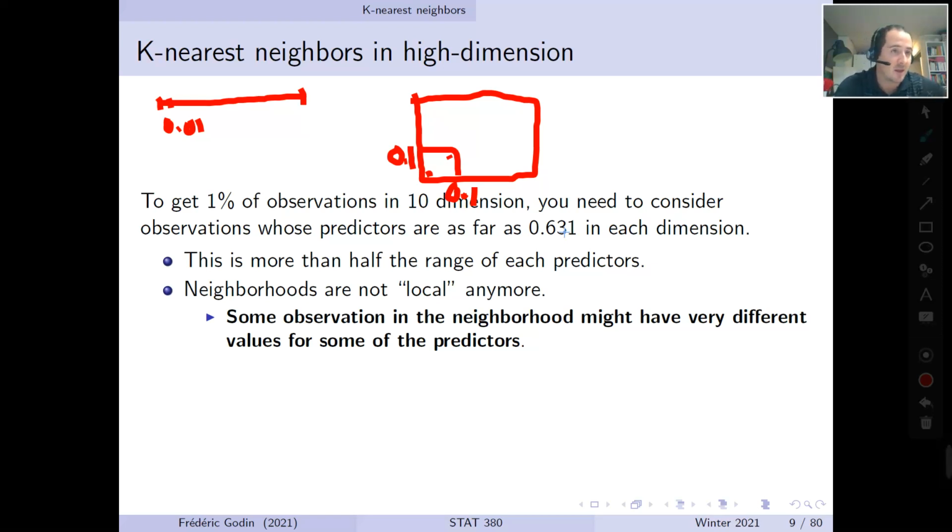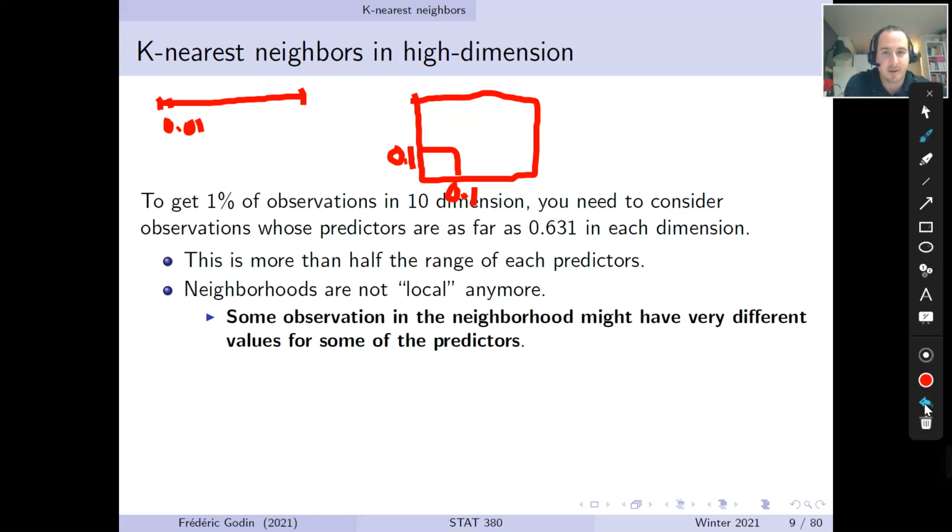But nowadays, with the very large amount of data we have, it's very important that we develop methods able to cope with high dimensional problems. So we can see that k-nearest neighbors might not be your best choice if you want to tackle modern types of regression problems with very high dimensional predictor spaces.